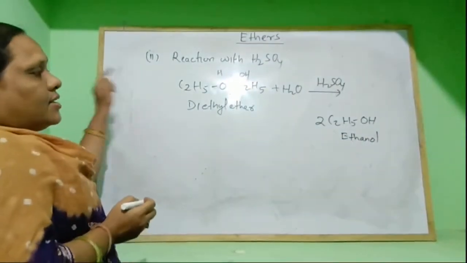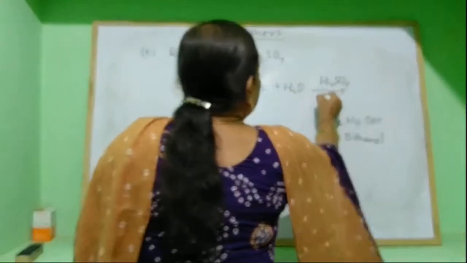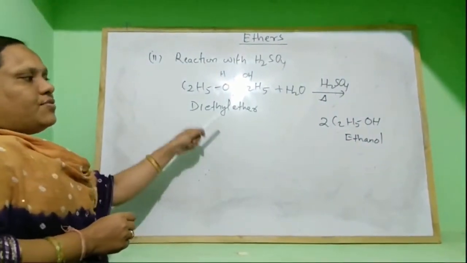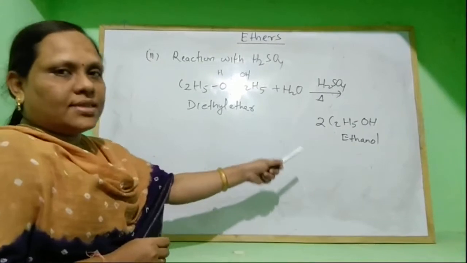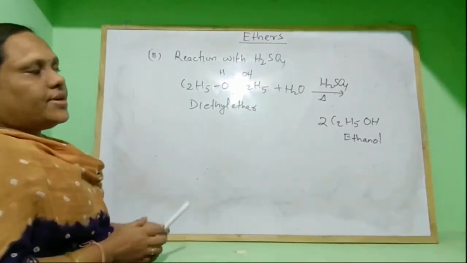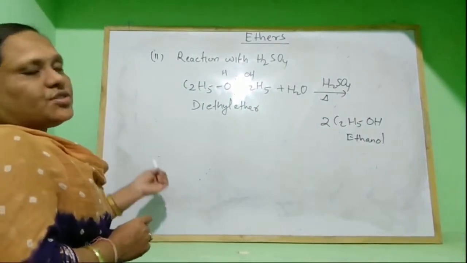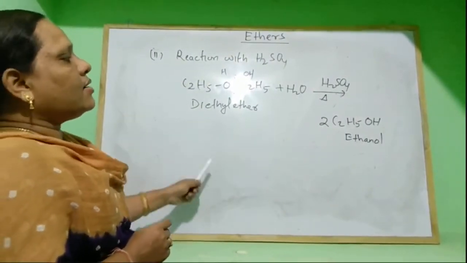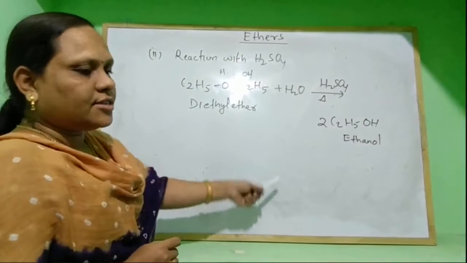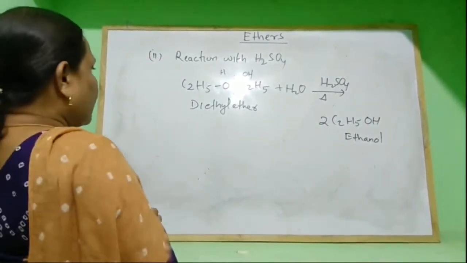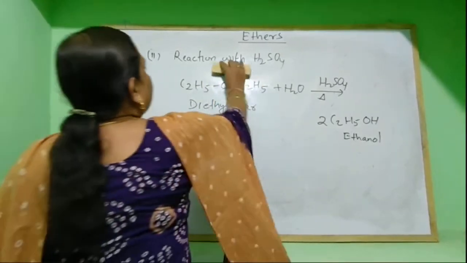So when ether is heated with dilute sulfuric acid, it forms ethanol. But if we take concentrated sulfuric acid, it forms a mixture of alcohol and alkyl hydrogen sulfate.